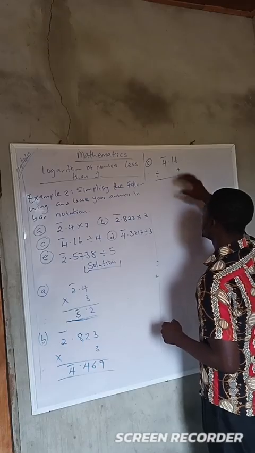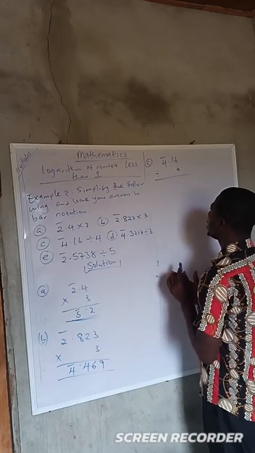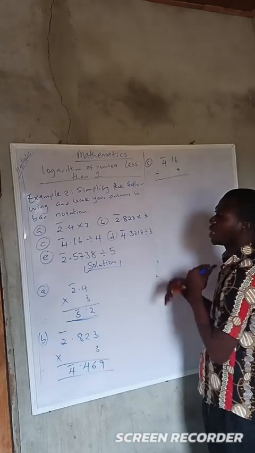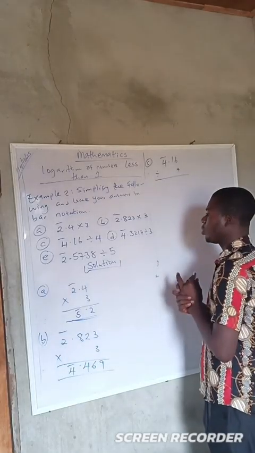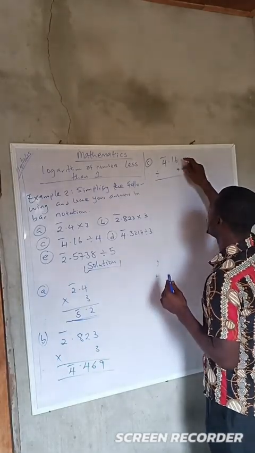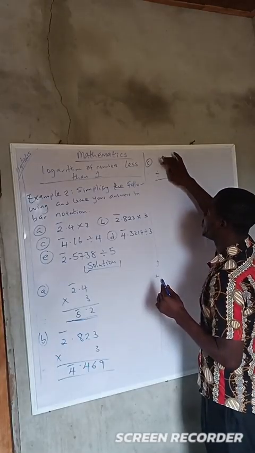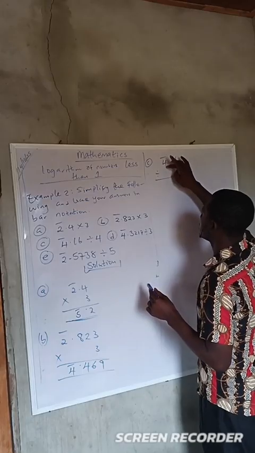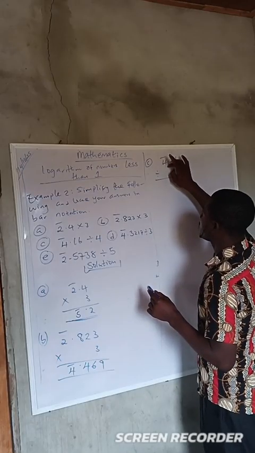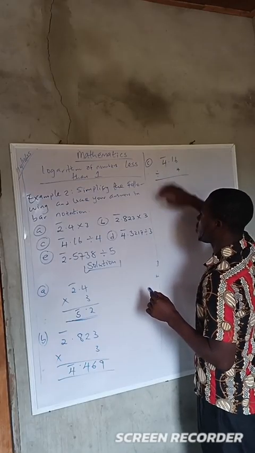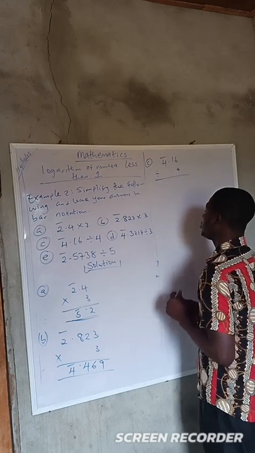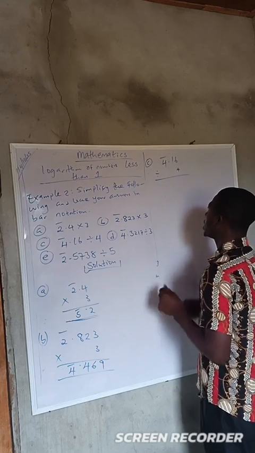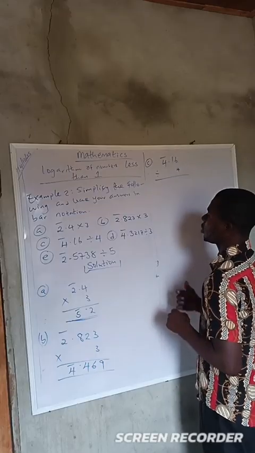If it is a multiple of what you have there, then you can just divide straight away. But if it's not a multiple of this divisor, if it cannot divide this 4 that you have here, then we should think of another way we are going to do it.